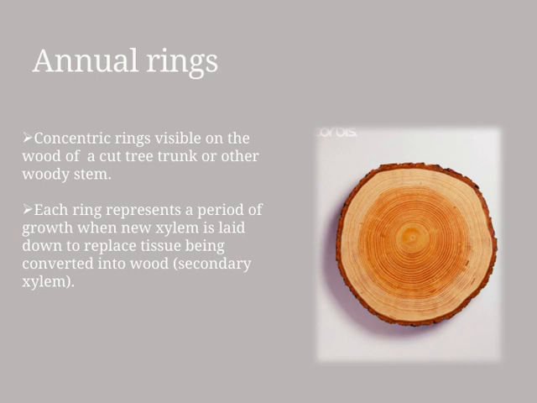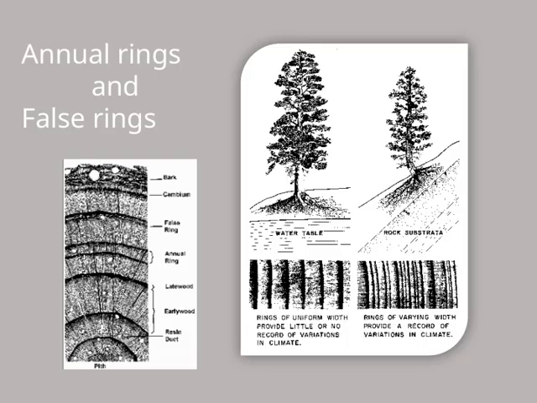By examining the size and density of each ring, we can infer environmental factors like rainfall or droughts that affected the tree during different years. This concept ties into the overall theme of understanding plant growth and how trees record their history through these visible patterns.